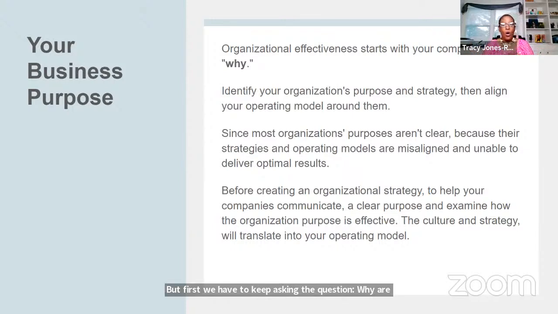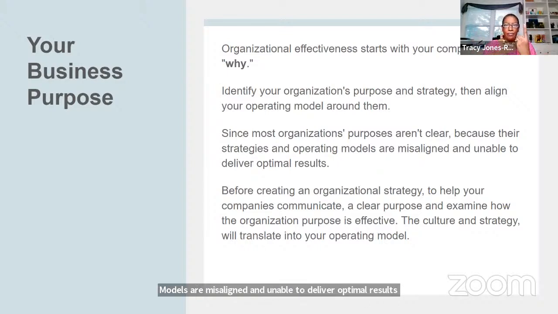Why? Identify your organization's purpose and strategy, then align your operating models around them. So your purpose, then strategy, your vision, then your mission steps. Those are the same words, just switched around, saying it in a different way. Most organizations' purposes aren't clear because their strategic and operating models are misaligned and unable to deliver optimal results.